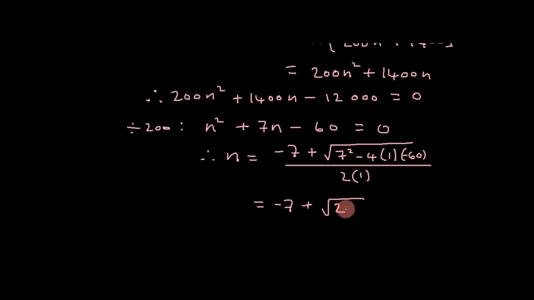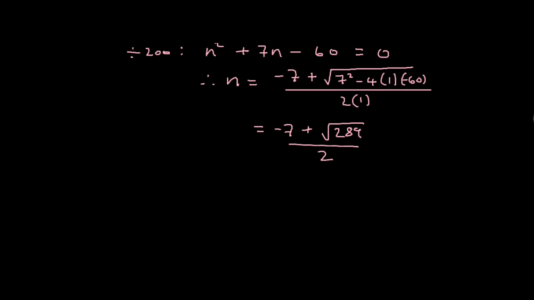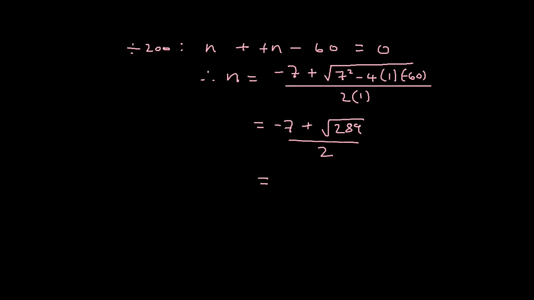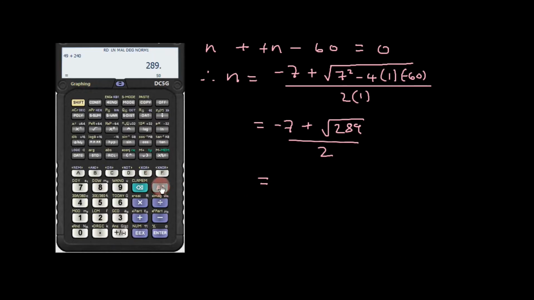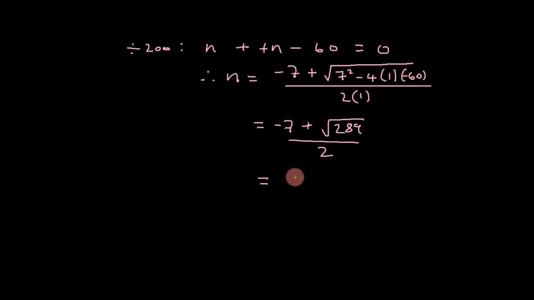So the square root of 289 all over 2. And we see that we get an answer of 5. So then to answer the question, it would take 5 years to save 6,000 Rand.